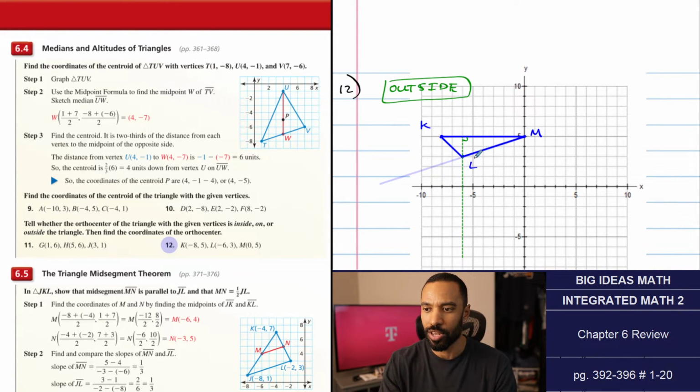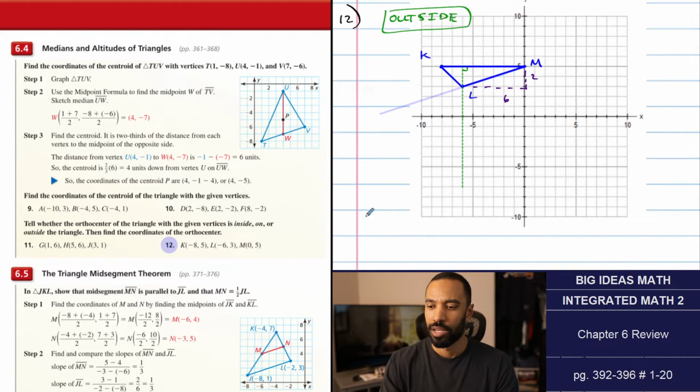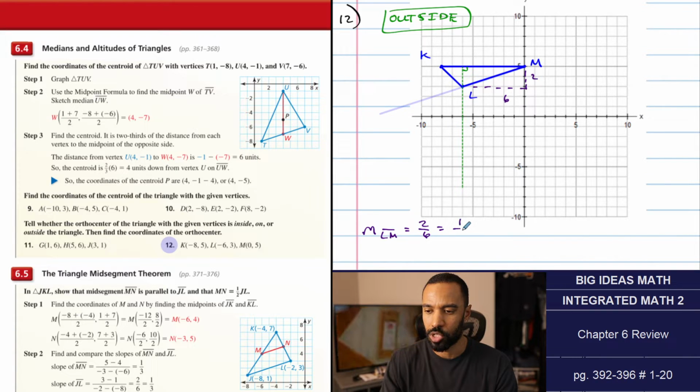We need to find the slope of segment LM right here, which is 1, 2, 3, 4, 5, 6 over and 1, 2 up. So the slope of segment LM is, careful, it's 2 over 6, not 6 over 2, which is 1/3. The perpendicular opposite reciprocal slope to that is -3 over 1, or -3.